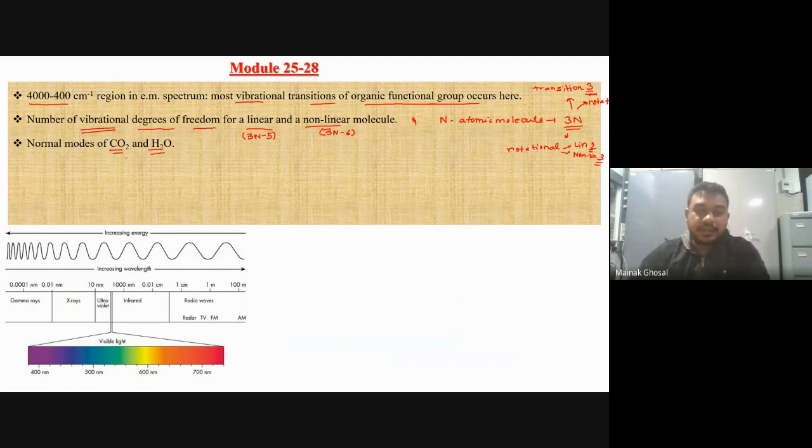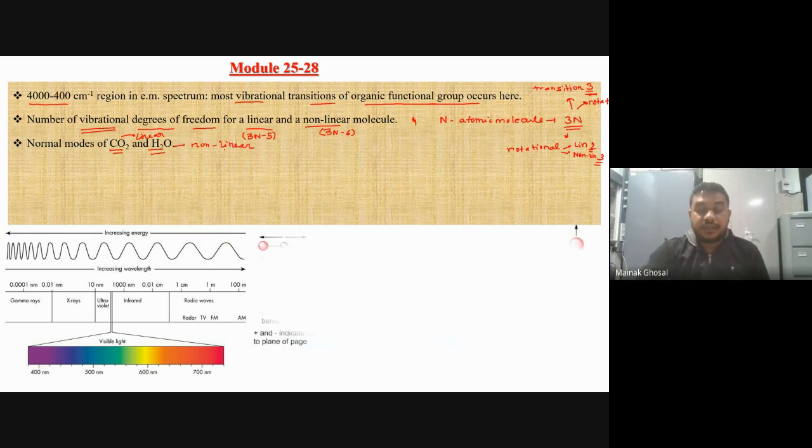So why are these 2 examples generally chosen? If you search any spectroscopic textbooks where there is a discussion on infrared spectroscopy, or in some books vibrational spectroscopy, you will see these 2 examples are generally chosen. One is carbon dioxide and one is water. Why? Because both are triatomic. One is a linear molecule, another, water, is a non-linear molecule.